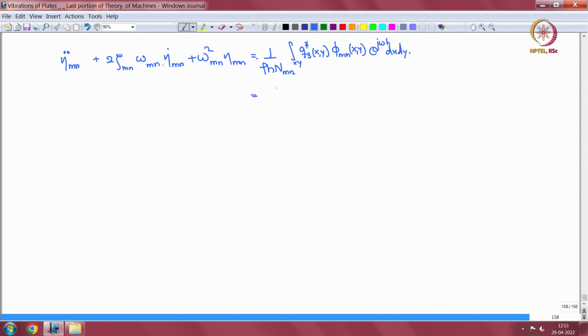Okay, this we will write as f mn star e to the power j omega t, where f mn star is 1 over rho h nmn integral xy q3 star xy phi mn of xy dx dy.